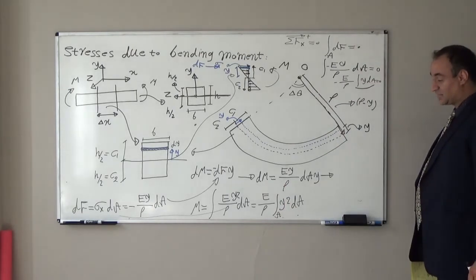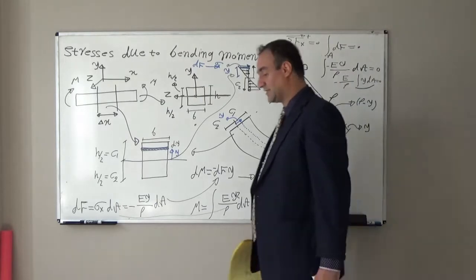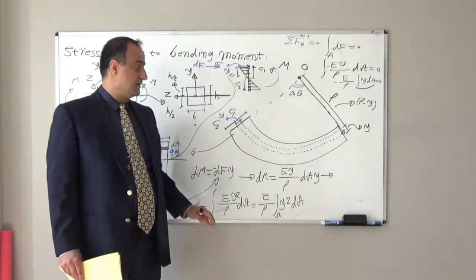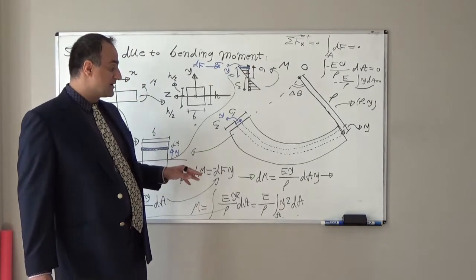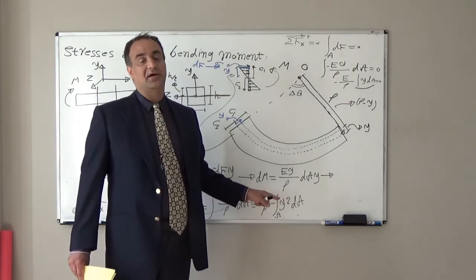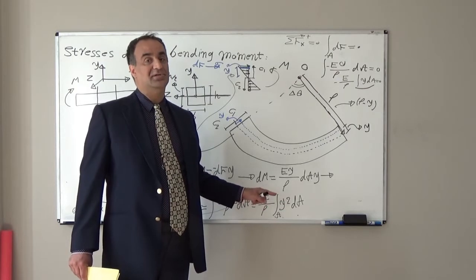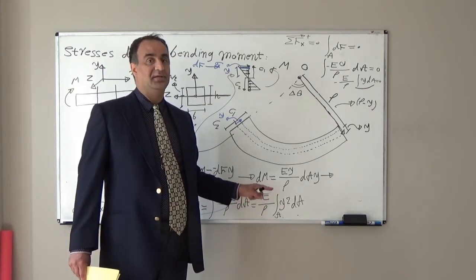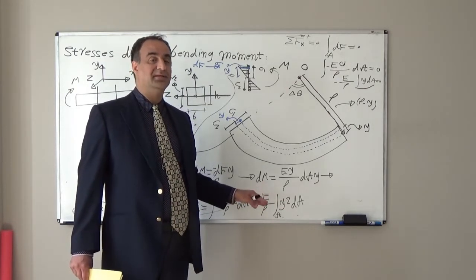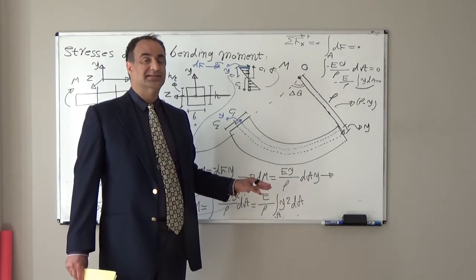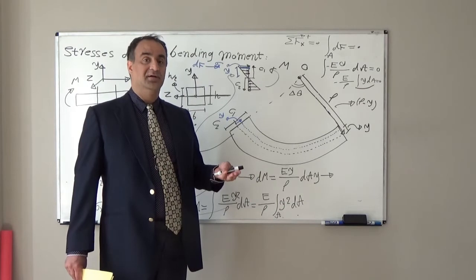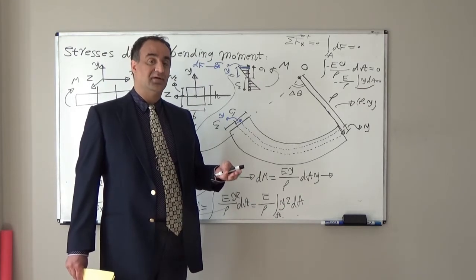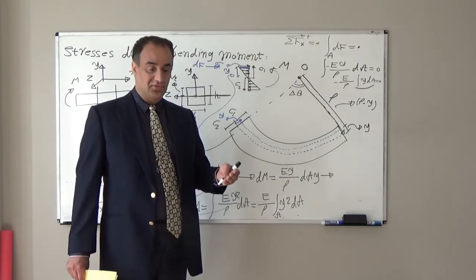Integration of y squared dA, we know that. What is that? If you remember in statics, integration of y squared dA, we call it moment of inertia, or second moment of area. We have moment of area, which we use in order to find centroid location.